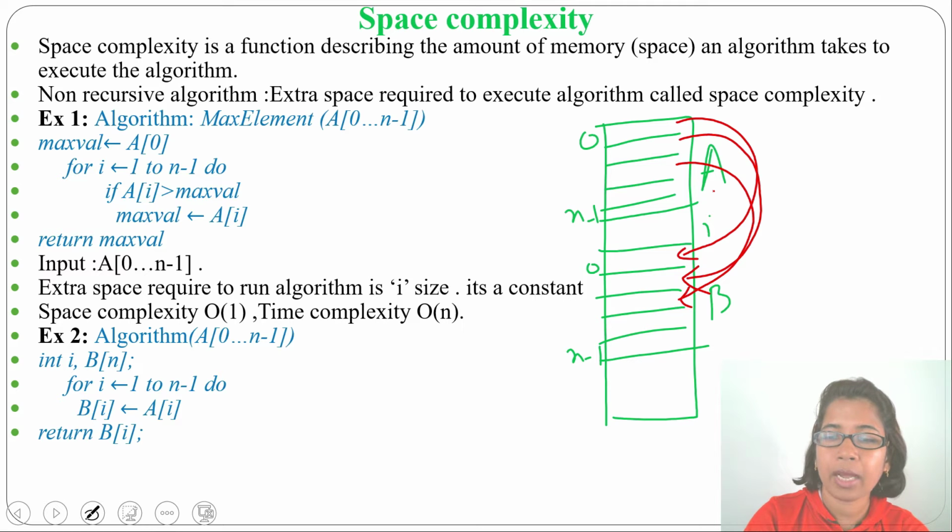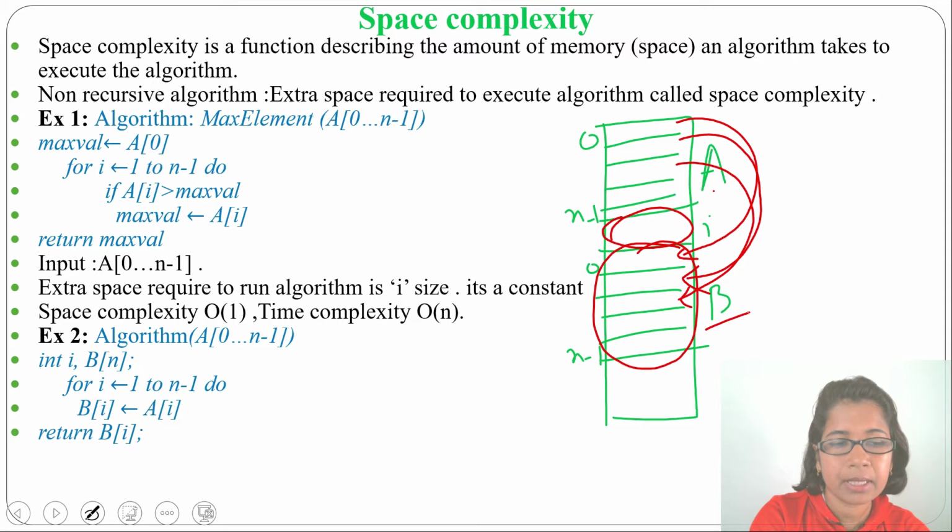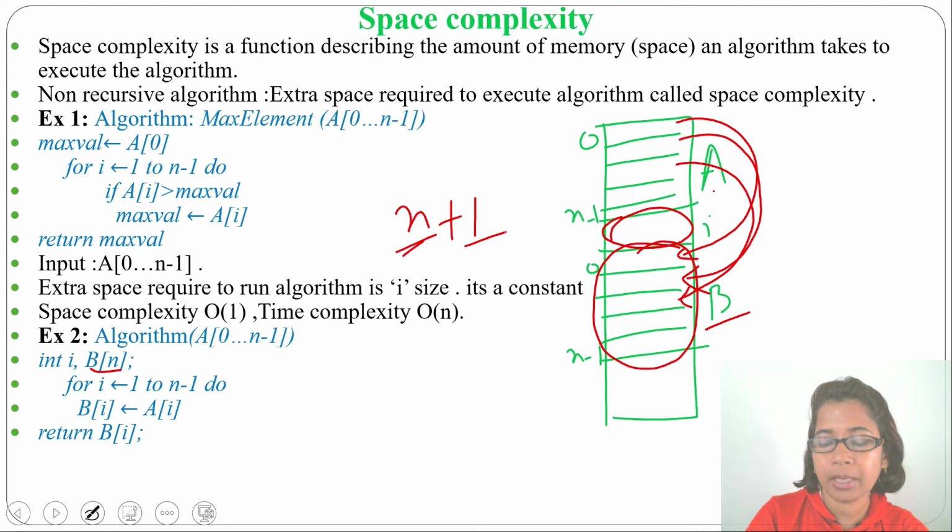Whatever data of array A, that will transfer to array B. Now how much extra space we require? We require one space for variable I and we require n space for array B, as B size is n. So total we require n plus 1 space, n for array B, 1 for variable I.